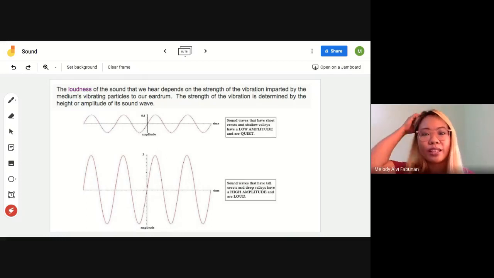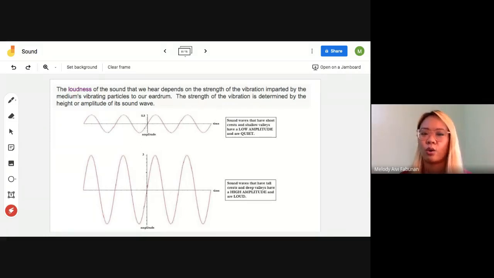Okay? So, when it comes to the idea of loudness and quietness, syempre, doon lang tayo sa sakto lang. Hindi naman okay na sobrang loud palagi, especially when you are listening to music or when you are watching, tapos naka-earphones pa kayo o kaya headphones. So, it's not actually advisable that you listen frequently to very loud music.